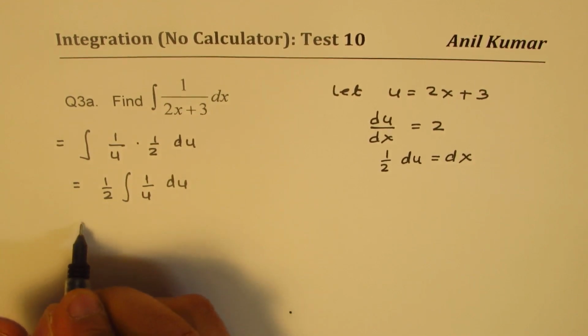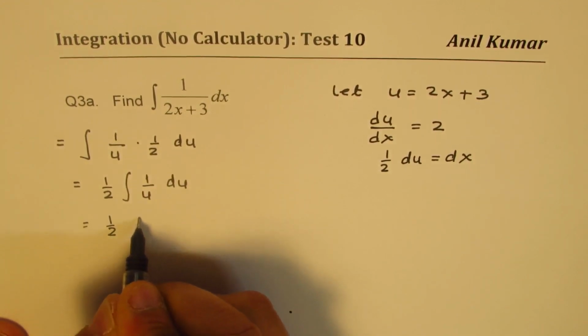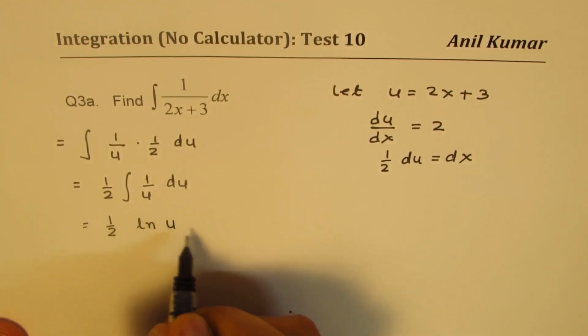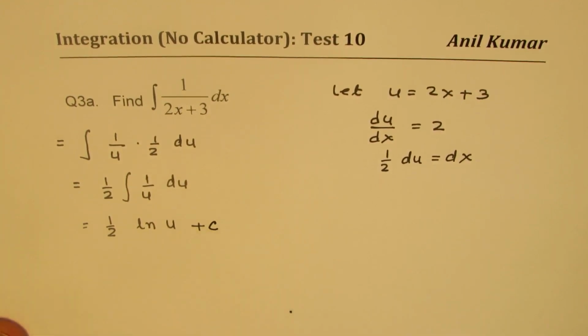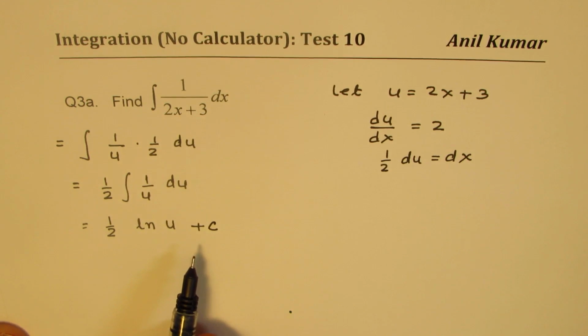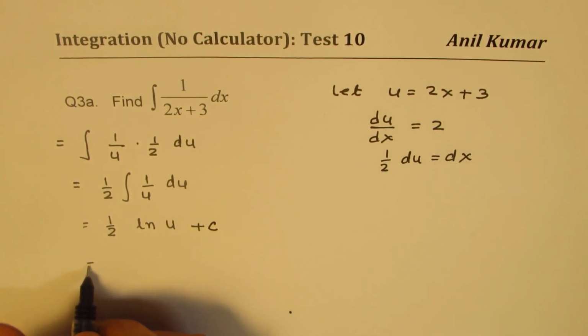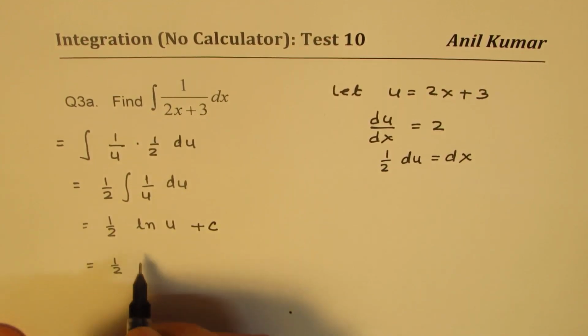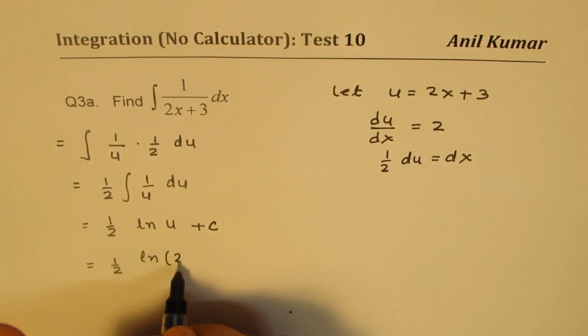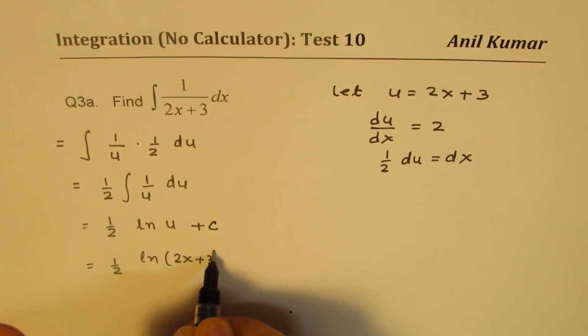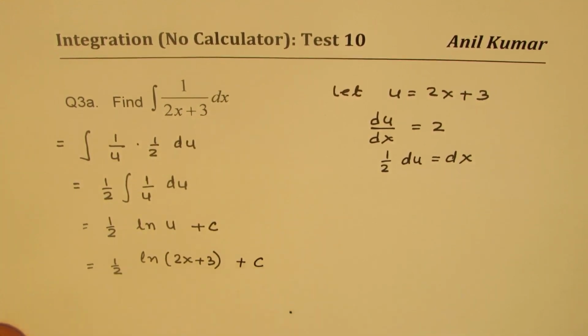And that gives you half of ln u plus c. So that becomes the integral, and now we can replace u with 2x plus 3. So what we get here is half of ln (2x plus 3) plus c as our answer.